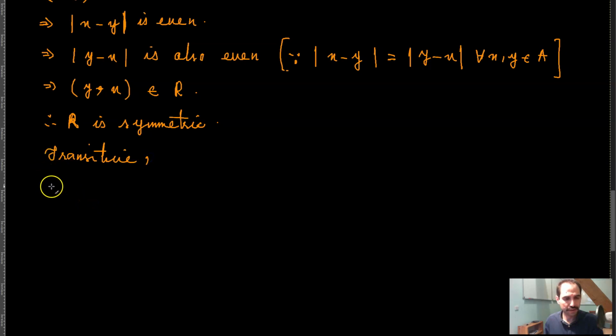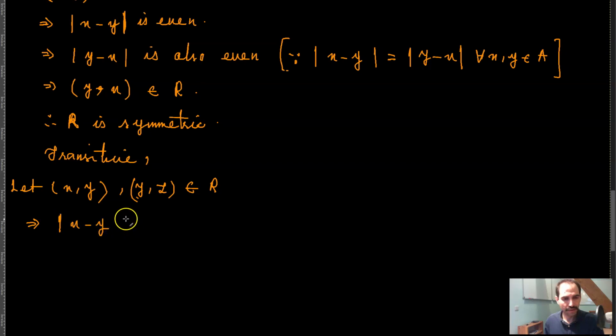you can assume that some (x, y) and (y, z) belong to R. That implies that the absolute value of x minus y and the absolute value of y minus z are even.